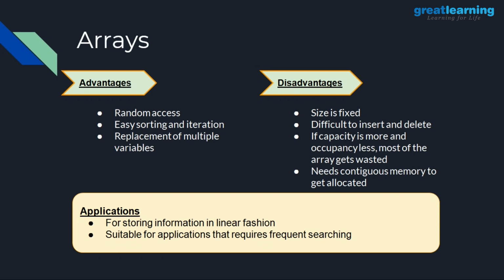So if I told you that, God forbid, the 20th student has died, so you have to remove that student. Can you remove it? No, you have to shift all the elements to its right by one position, one by one. So it is difficult to delete and insert an element.